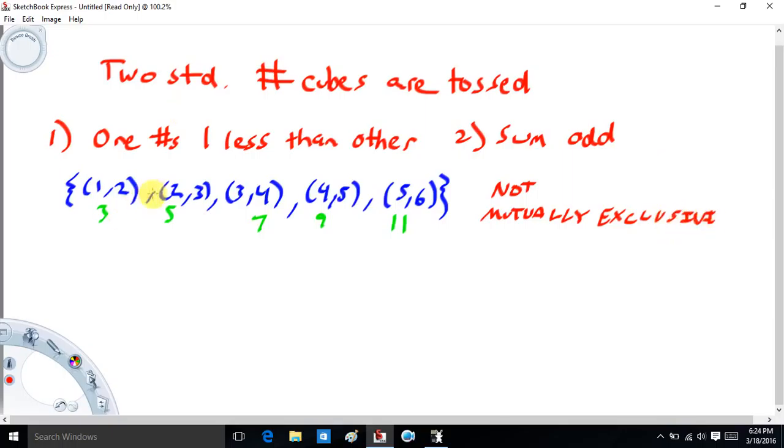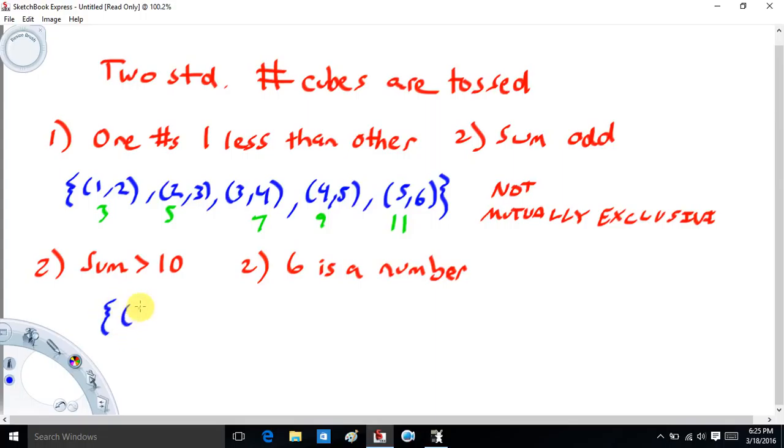Okay, another example. The sum is greater than 10, and 6 is one of the numbers. Sum is greater than 10, and the second one, 6 is a number. So why don't we try to list a few examples.